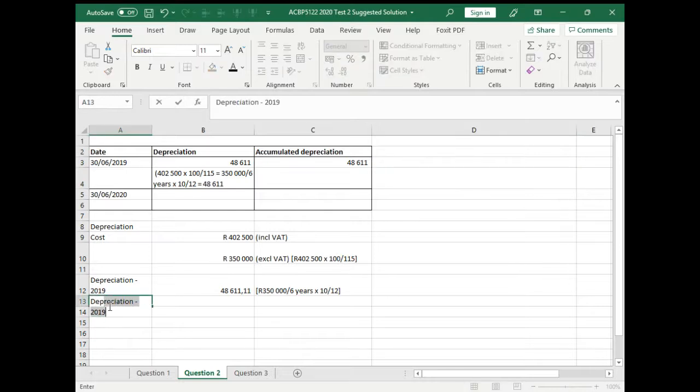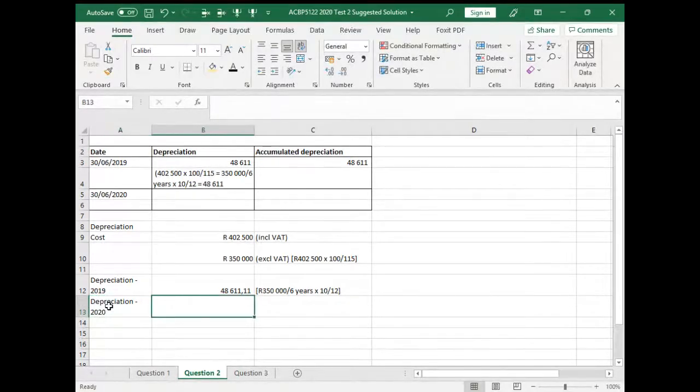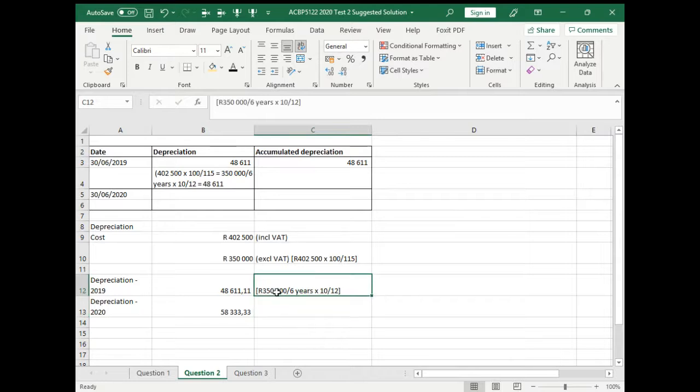So for year two, which is 2020, we would literally just take the 350,000 and divide it by the 6 years to get to 58,333. So instead of 10 over 12, we would multiply with 12 over 12. You don't have to include that last step where you multiply 12 months over 12 months. It's just to show you how it differs from the other one.